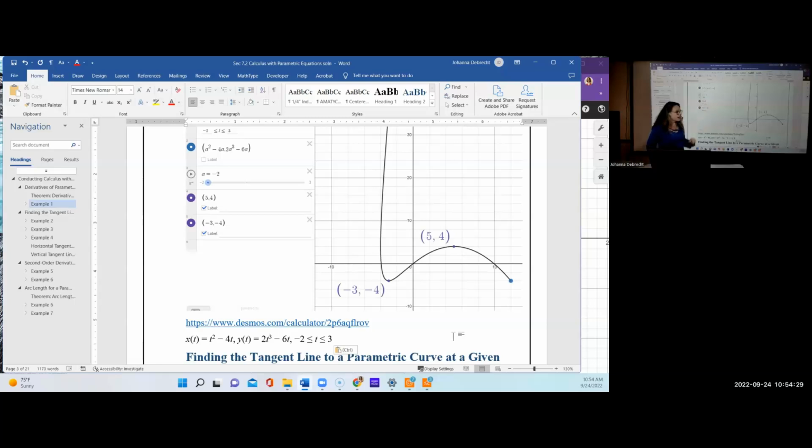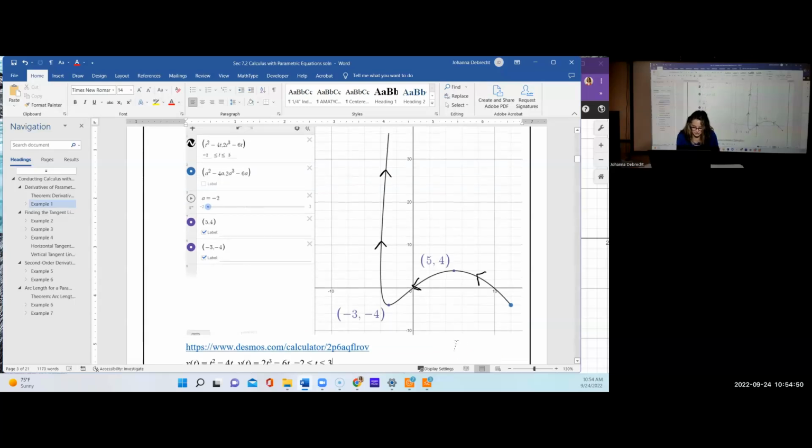So I've graphed it right here, and if we want to see how it's going to plot, you would hit the play, and I have it pulled all the way back to -2, which is here, so it's going to curve and follow this path. So our orientation for the curve, of course, is going this direction right here, and it's coming up here, and then it stops right there, right? So that's where it ends, so that corresponds to t equals 3.